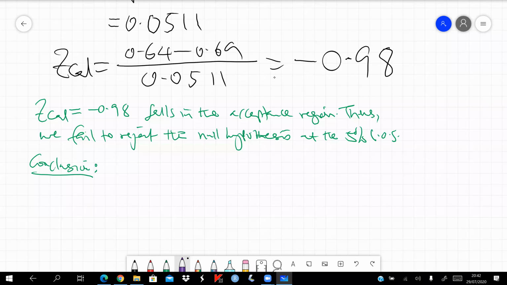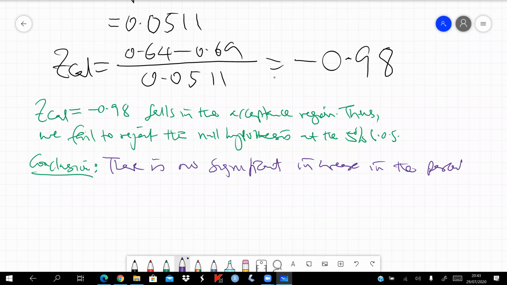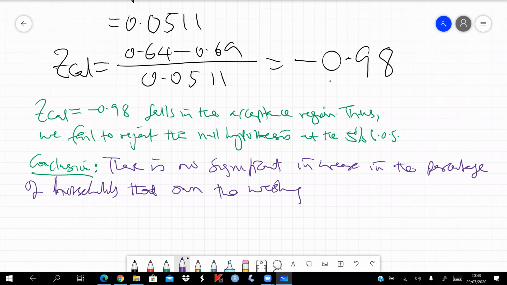Let's answer that question. Is there an increase in the percentage of households that own washing machines?